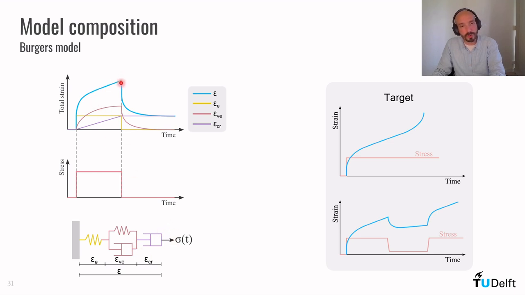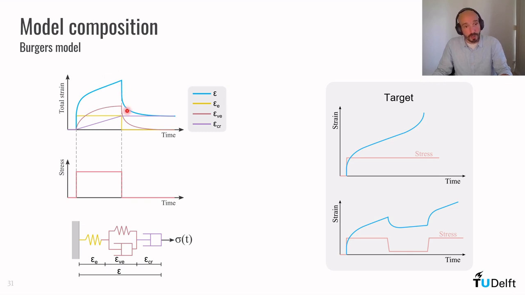But when we remove the load, we see that it recovers too much. Most of the deformation in the beginning is because of the spring and the Kelvin-Voigt element. The dashpot has almost no deformation in the beginning.